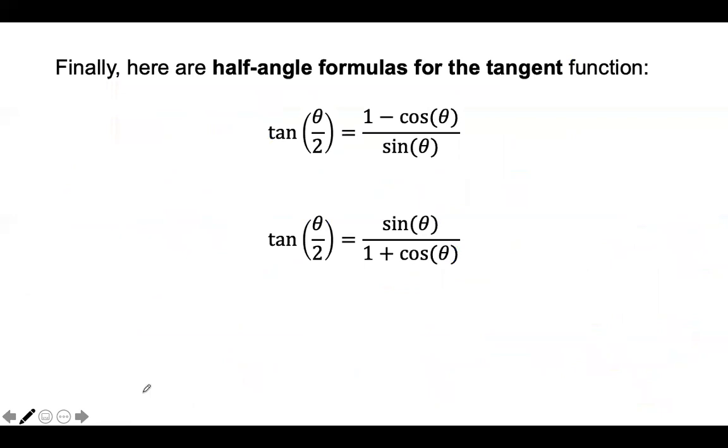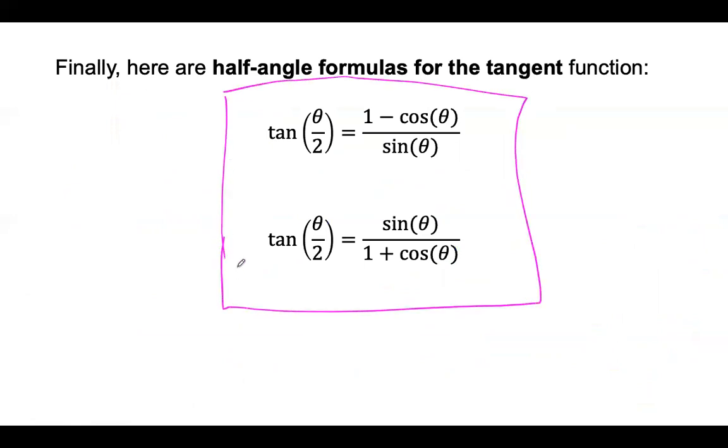Okay, and there are half angle formulas for the tan function. Here, I'll just give them to you. And if you wish, just to see how to get them, tan of theta divided by 2 is just going to be the half angles of sine divided by the half angles of cos, like these.